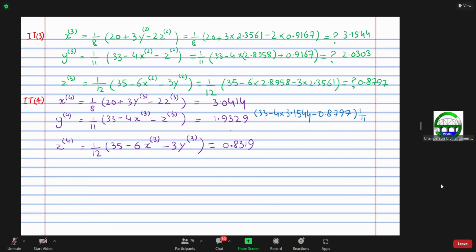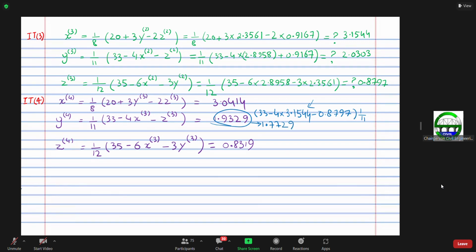I get this value in here, 1.77, using these values, 0.8797. I get 1.7729.